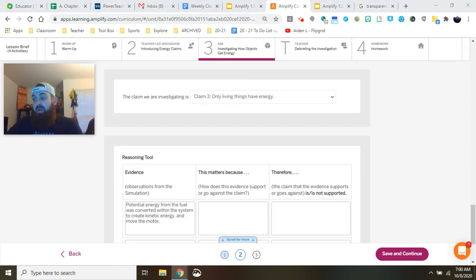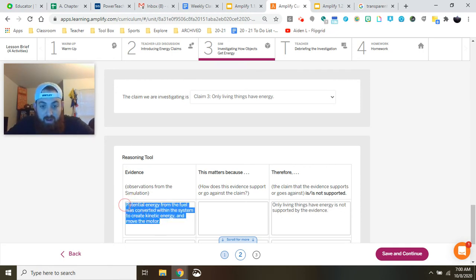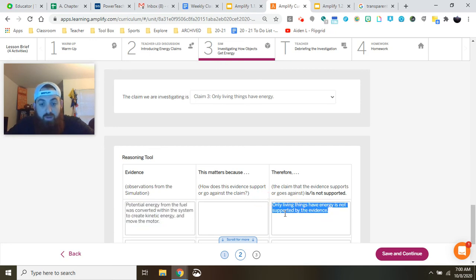So I know that only living things have energy is not supported by this evidence. This evidence here opposes or goes against that claim. So notice I have my evidence, I have my claim, my therefore, but there's no connection there. There's no explanation as to how that evidence opposes that claim.